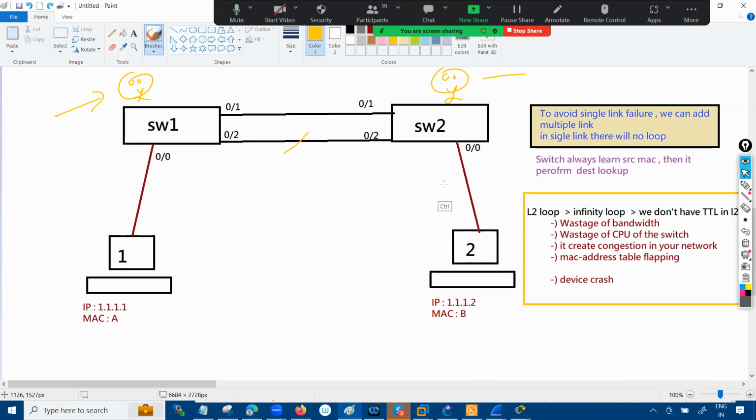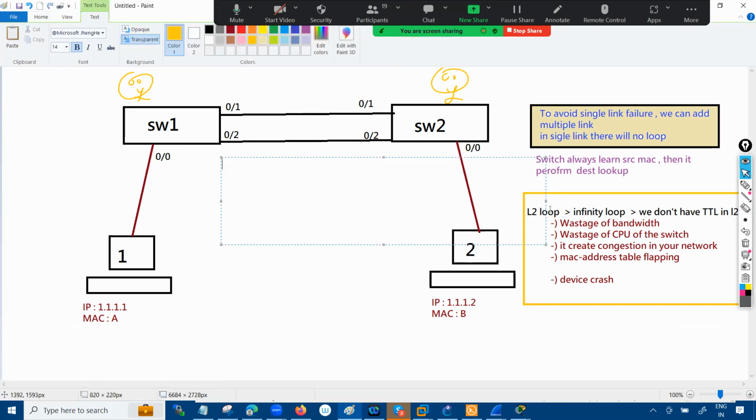By default, the spanning tree protocol is enabled on layer 2 interfaces. Layer 2 interfaces means what? Access ports and trunk ports. On both interfaces, your spanning tree protocol is there.